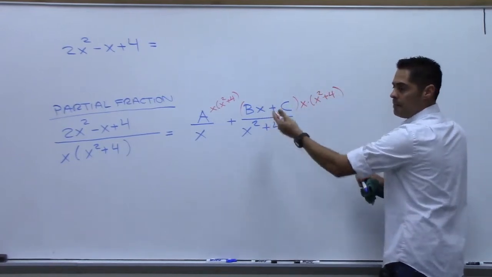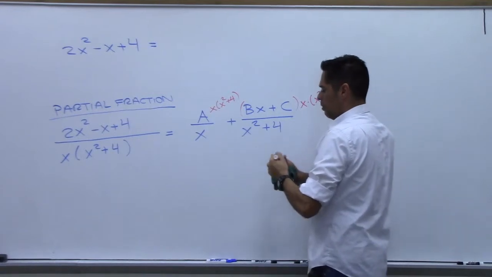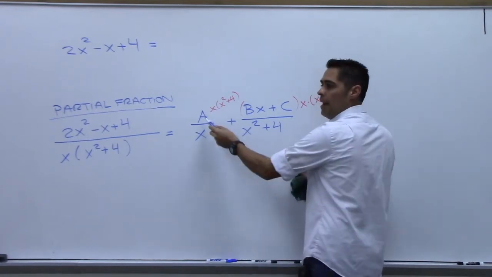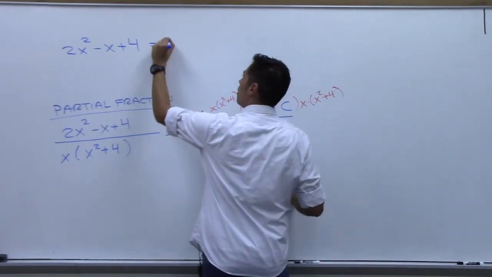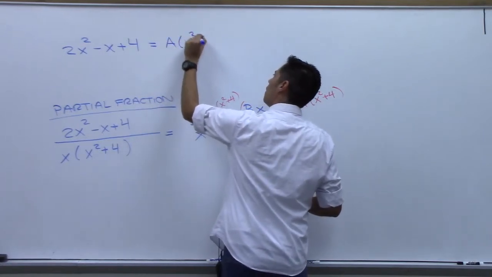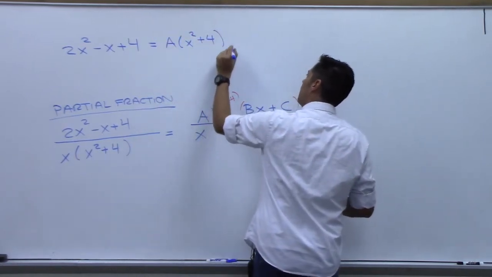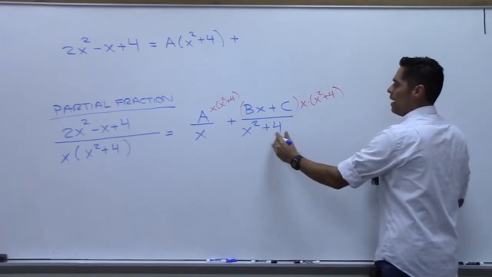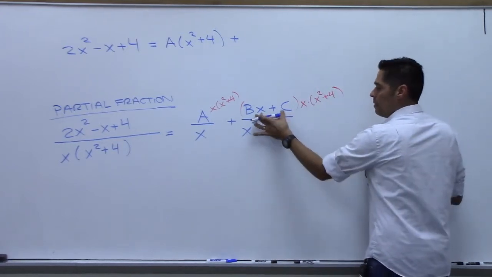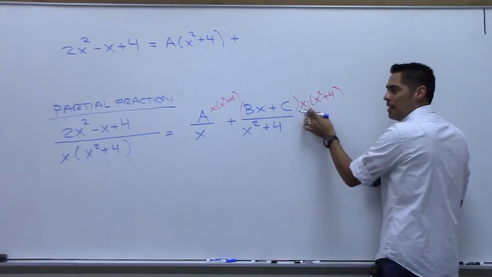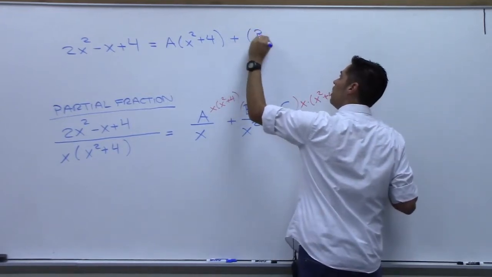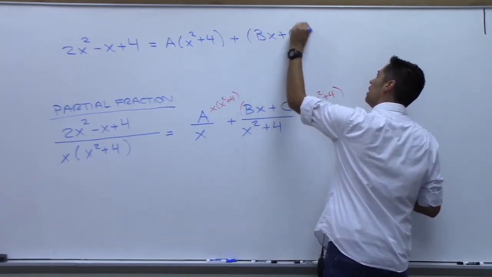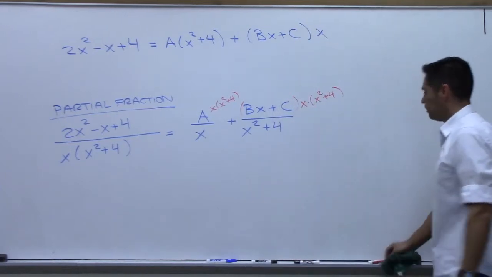The x's cancel here, so I'm left with a times x squared plus 4. And over here, x squared plus 4 cancels, and I'm left with bx plus c times x. So I need to make sure I put that in parentheses: bx plus c times x.